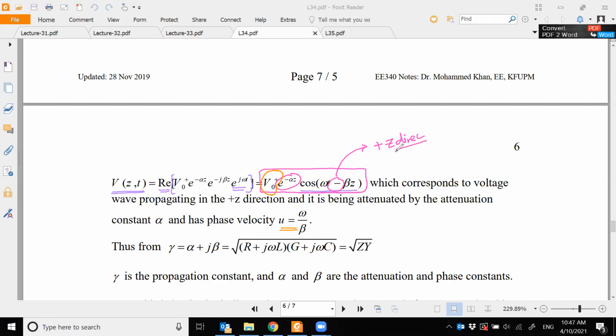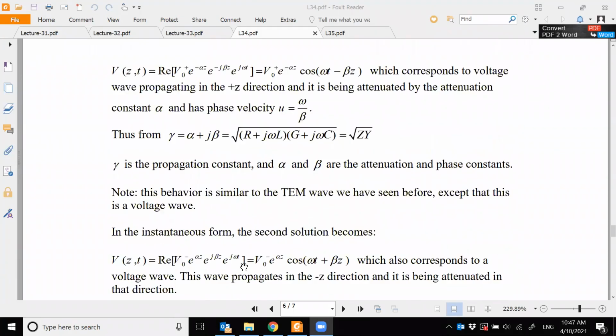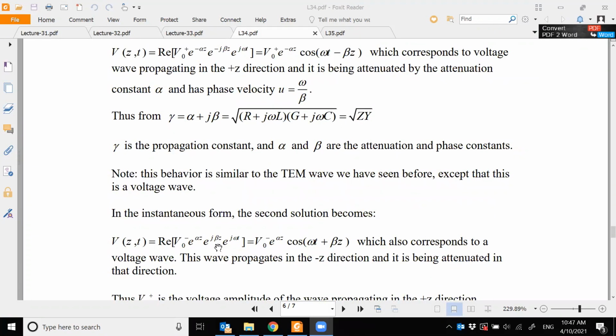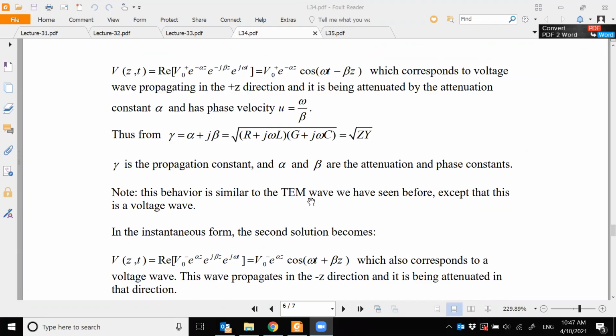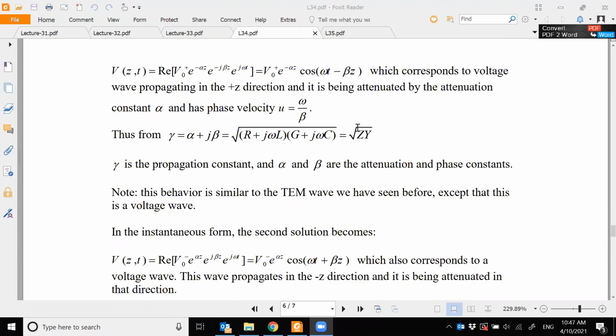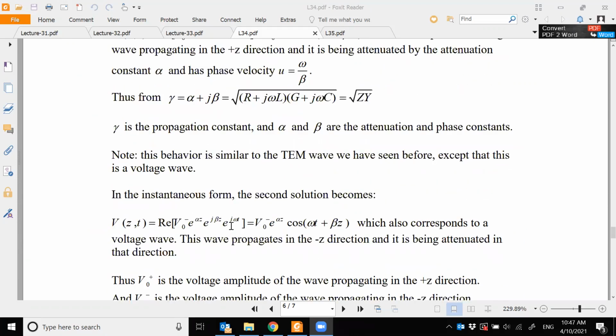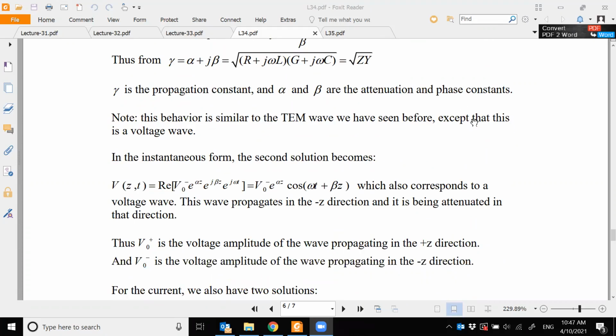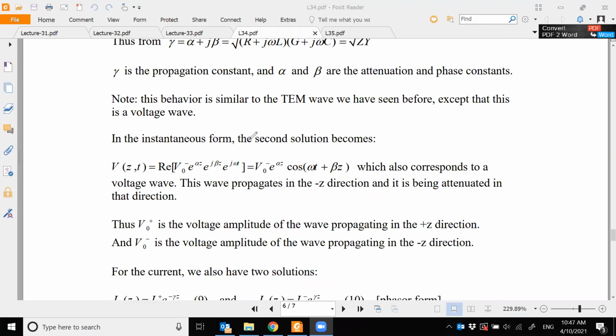Okay. So this is for the positive traveling solution. Now, if you take the second independent solution, which is e power j beta z, which is V naught minus e power alpha z e power j beta z, again, if you want its instantaneous form, multiply by e power j omega t and take the real part. Again here, what we are seeing is that this is also a traveling solution because it is cos of omega t plus beta z.